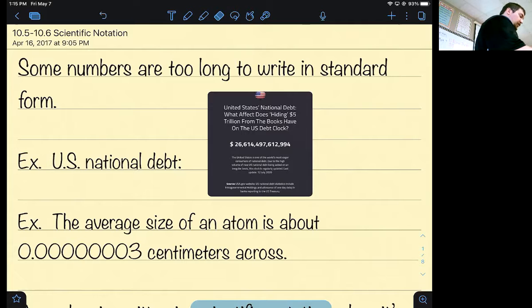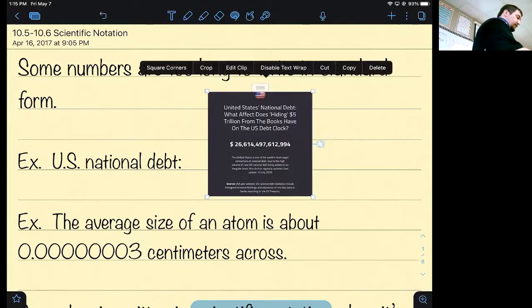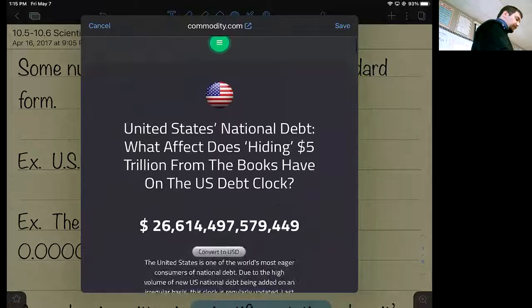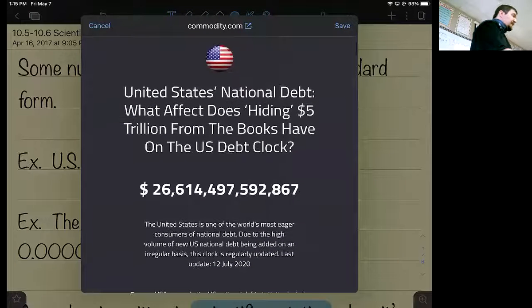So for example, if you look at the US national debt, it's really big. And it's been even updated since I posted these notes an hour ago. 26,614,497,346. Okay, it just keeps going up. Why does it keep going up?